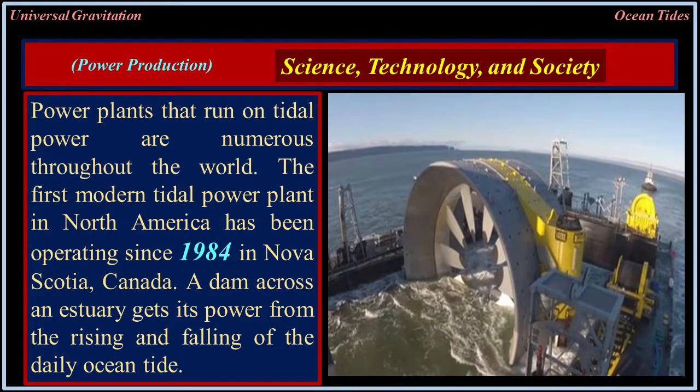Power production, science, technology, and society. Power plants that run on tidal power are numerous throughout the world. The first modern tidal power plant in North America has been operating since 1984 in Nova Scotia, Canada. A dam across an estuary gets its power from the rising and falling of the daily ocean tide.